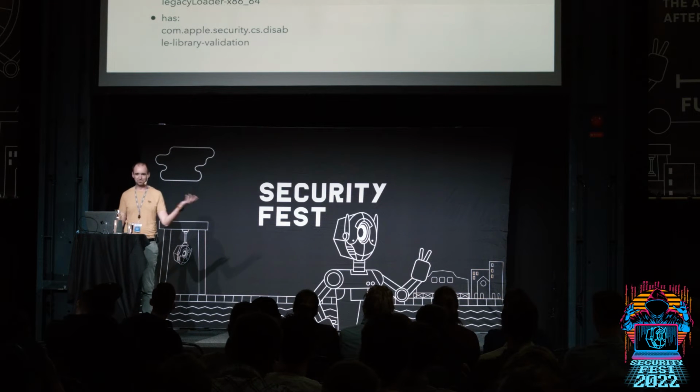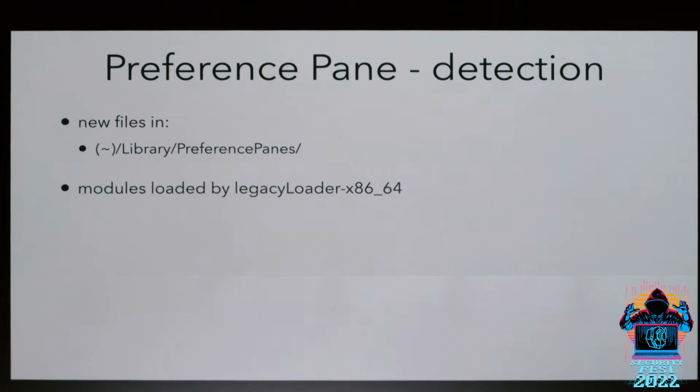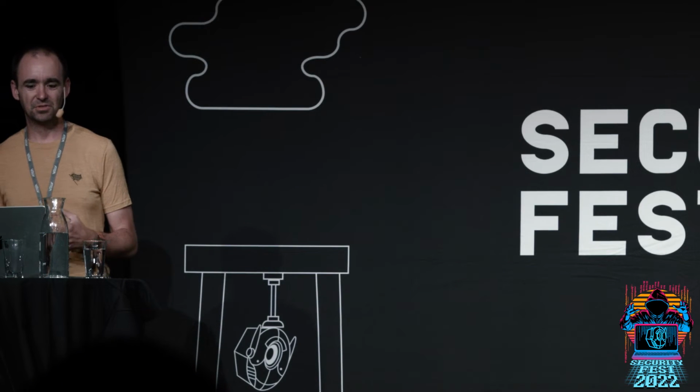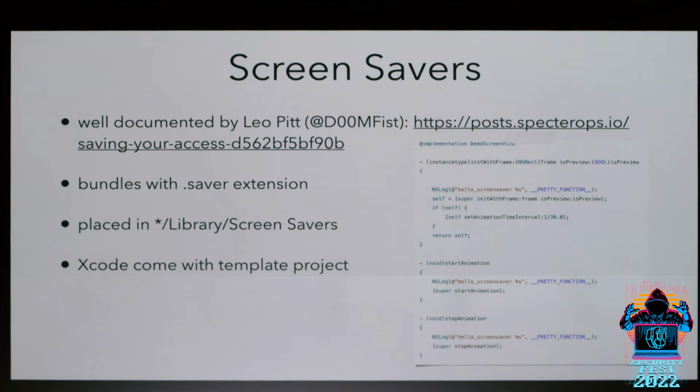If you did, then that would be a vulnerability on macOS. Again, detection: monitor for any new files in the PreferencePanes directory, and any modules loaded by the legacyLoader process. Because if you don't use in your environment any applications that have a custom preference pane, then this process shouldn't load anything really.